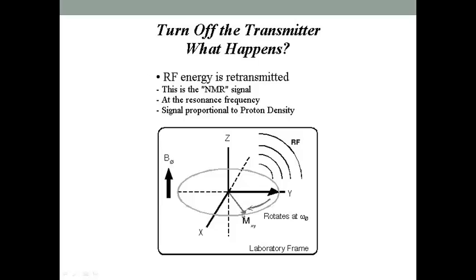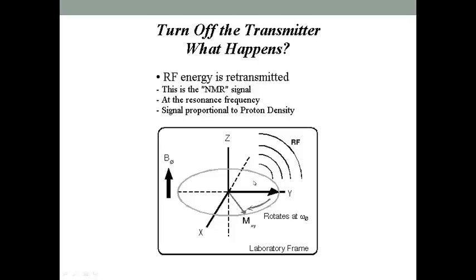What happens? The magnetization will still rotate around the z direction, but it goes from the y direction back to the z direction.